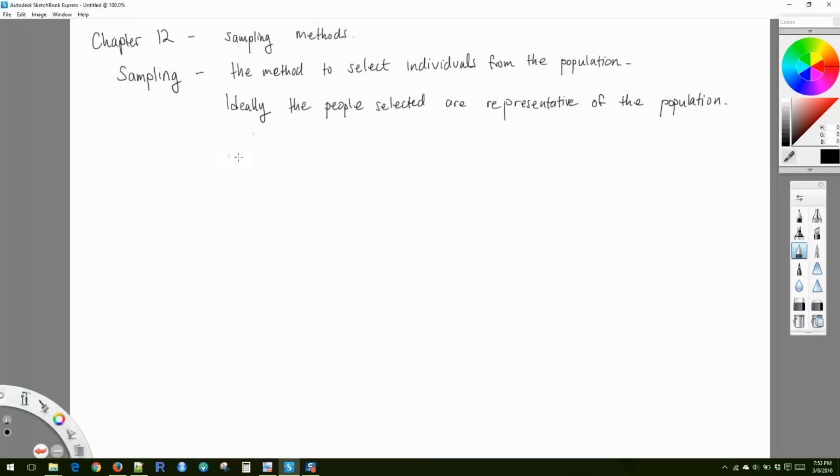So this will allow us to generalize our findings from the sample to the population.